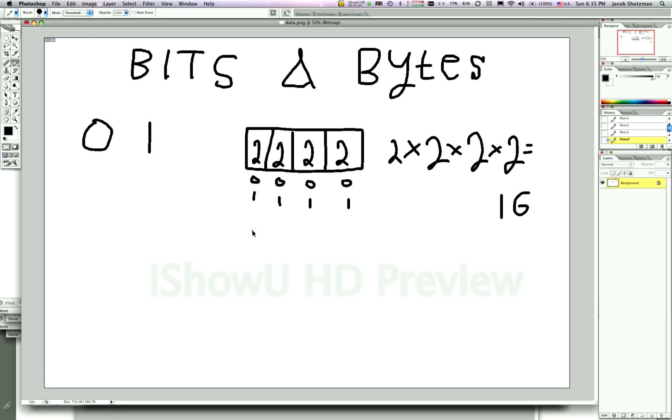For example, the first one, I can say all zeros, and the second one I can say this one is 1, and those 3 are zeros, and the third one I can say that this is 0, this is 1, and these are zeros.